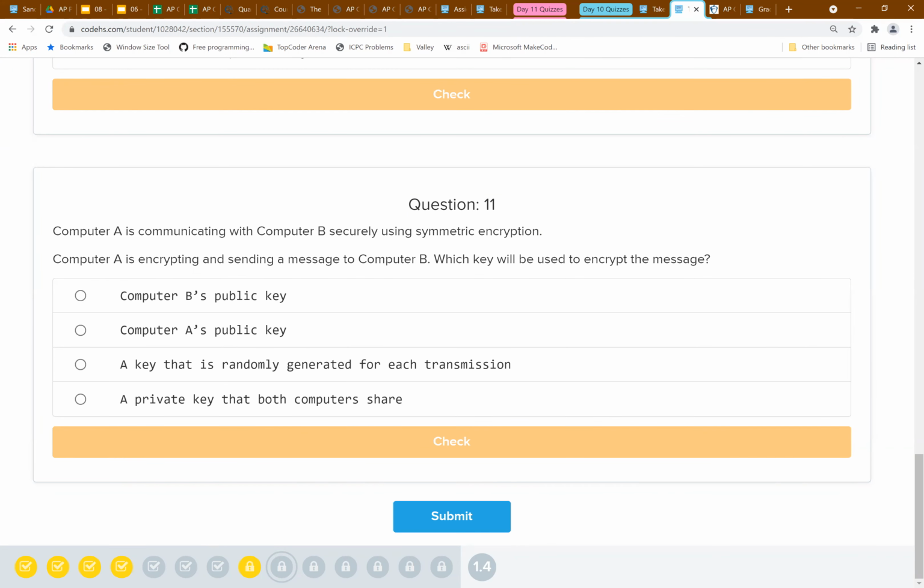With symmetric encryption, we are going to have a shared key across both devices that we can use to perform both encryption and decryption. So if there was a follow-up question, which key will we use to decrypt the message? It would be the same answer, a private key that both computers share. And there we have it.